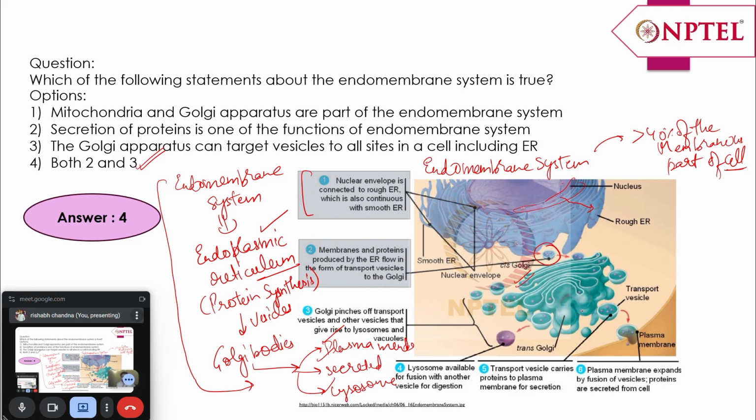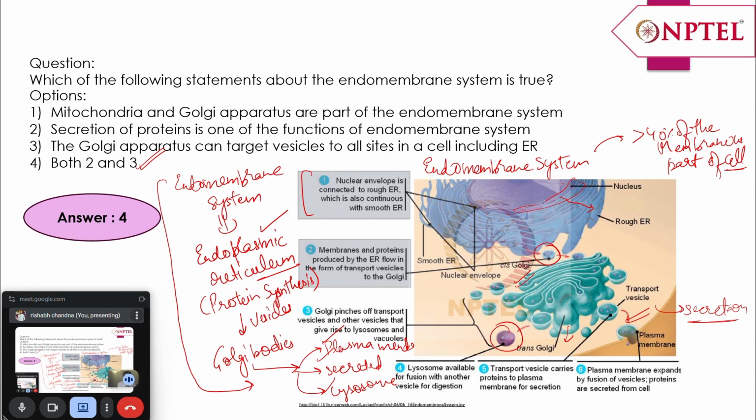From the Golgi bodies, the cargo is transported in the form of vesicles again to the plasma membrane or to the outside of the cell, that is, secreted. So this was the function of the endomembrane system.